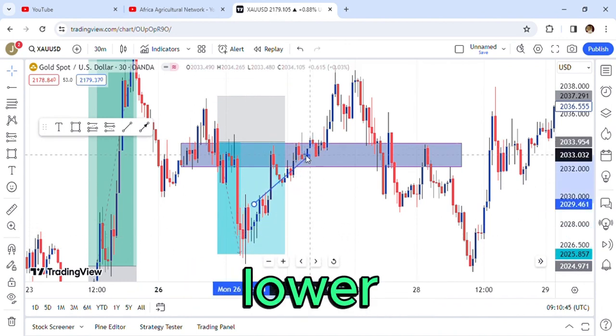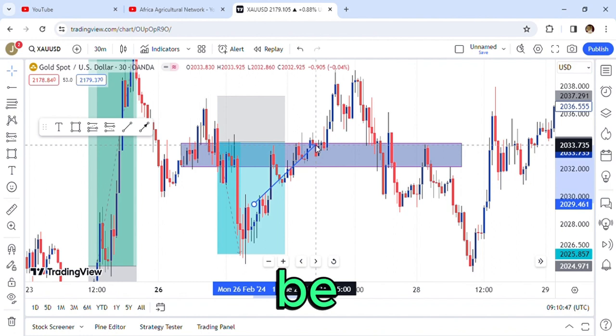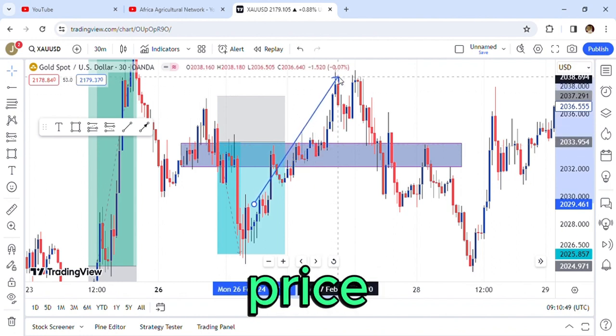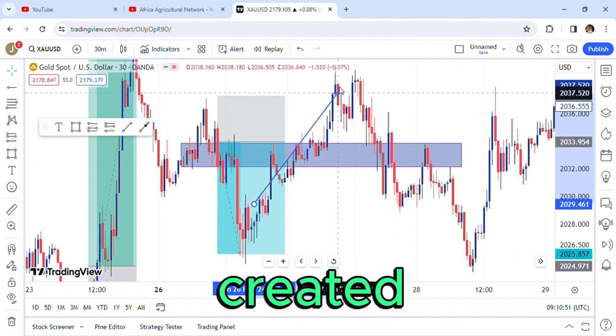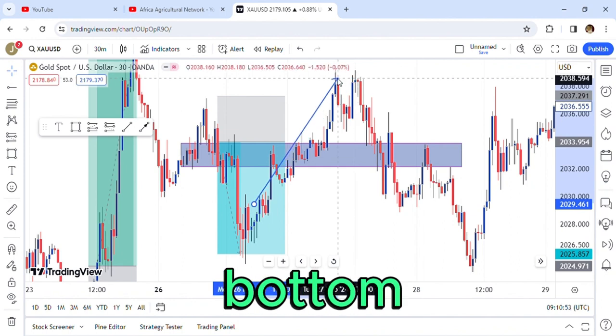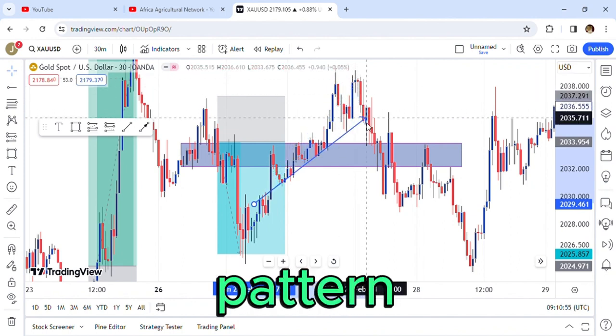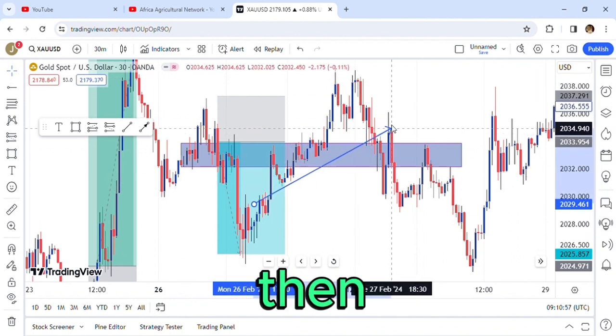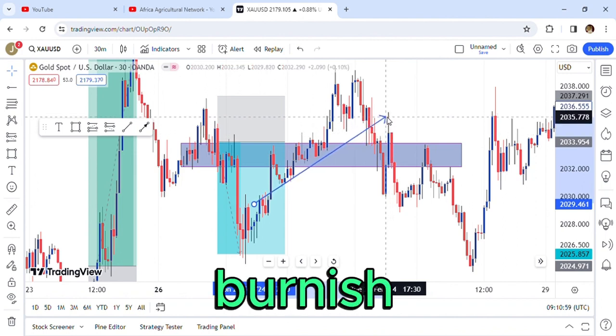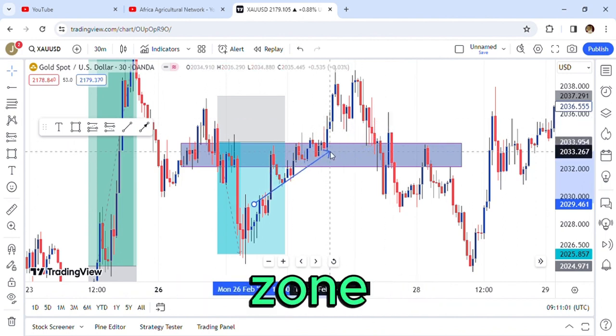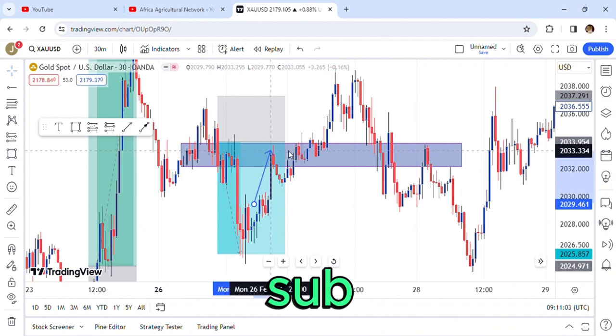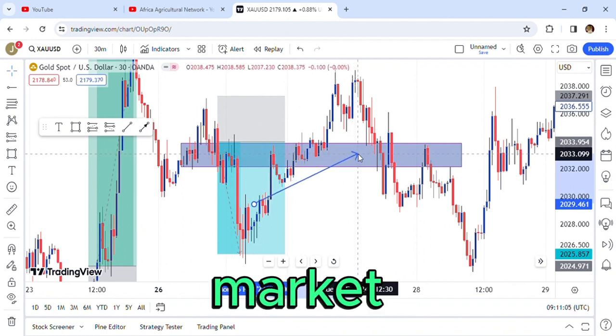This will now act like your right shoulder. Be patient. Price came, created the double top, broke through, then retested again with the bullish candlestick, but we were on a supply zone and we are in a trending down bearish market.